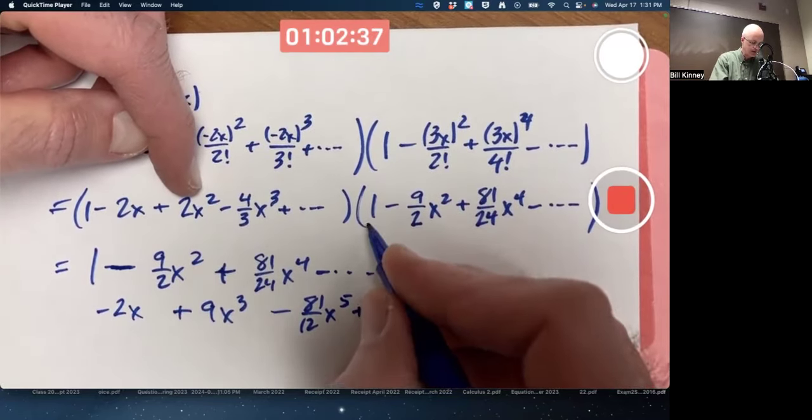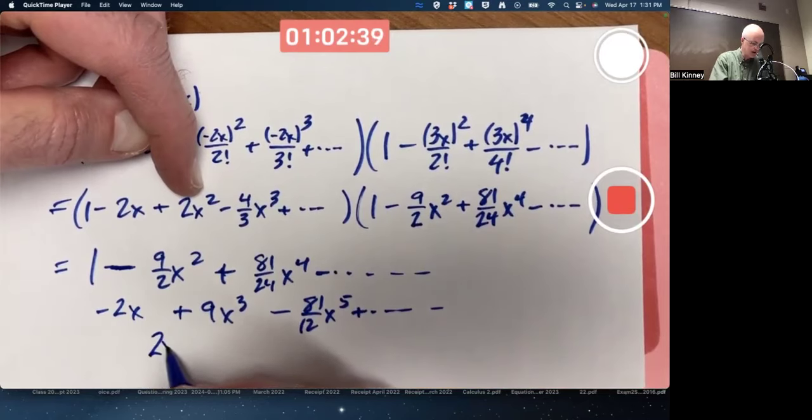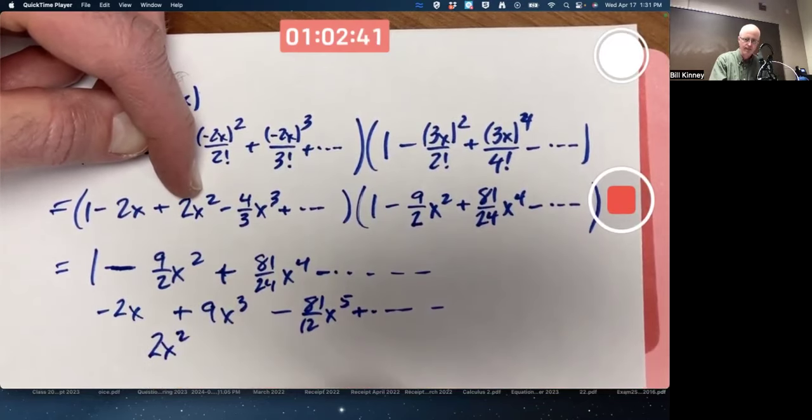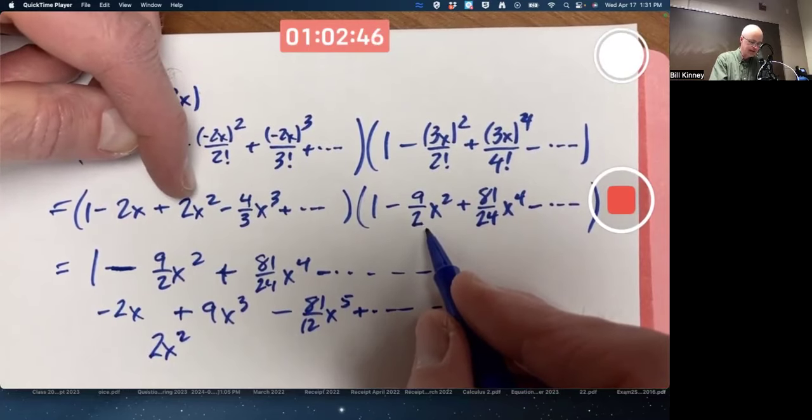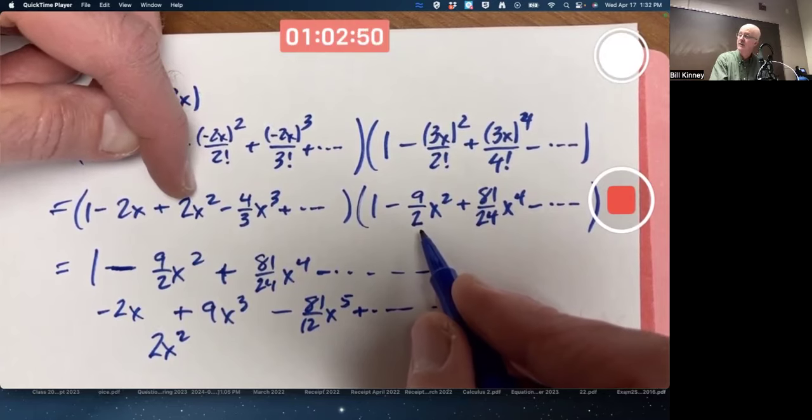Go to this term, 2x squared times 1 is 2x squared. Put it underneath the other x squared term. Then this times this, the 2's cancel. Looks like we get negative 9x to the 4th there.